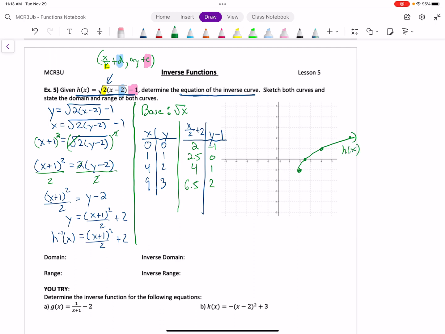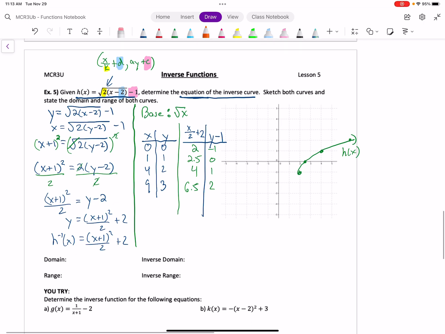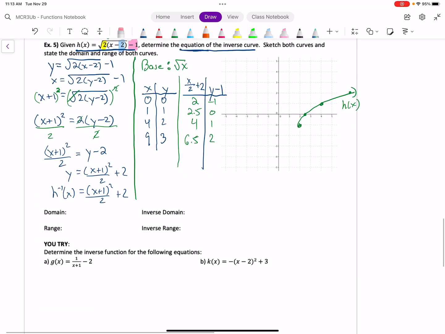Now, we also want to graph the inverse function. Hopefully you're thinking about this: the most efficient way to graph the inverse is to take my transformed function and just switch x and y. I'm going to try to squeeze this in here, maybe I'll do this over to the side.